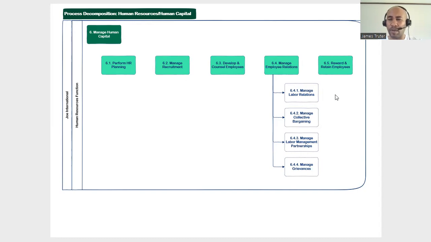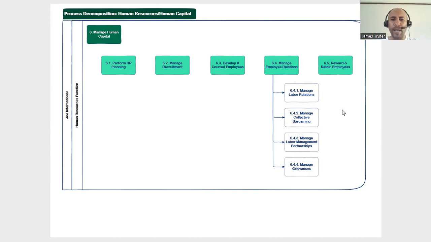This is not exhaustive, but I'm just trying to demonstrate the concept, because you would obviously also have things like payroll, the payroll process, employee information, learning and development. So there's organizational development. So there's quite a few processes in the human capital bouquet.